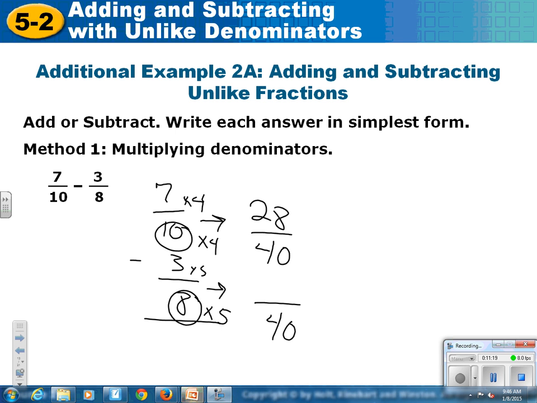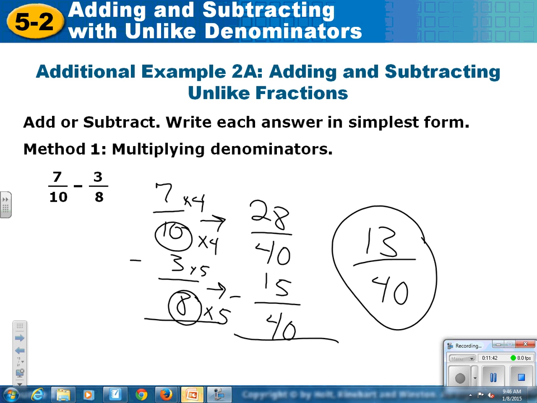Times 5 there, times 5 there, this becomes a 15. Remember, it is a subtraction problem. Our answer is going to be something over 40. 28 minus 15, we just take the numerators, or the top number. 28 minus 15 is 13. That's our answer.